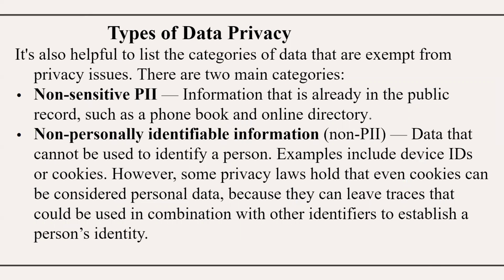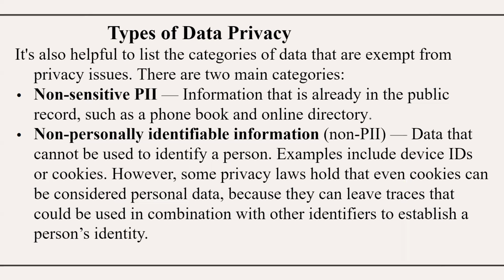So starting off with the non-sensitive PII, this is information that is already in the public record, such as a phone book or online directory. We have phone books or online directories which are already public, and they have information about phone numbers and all of this.